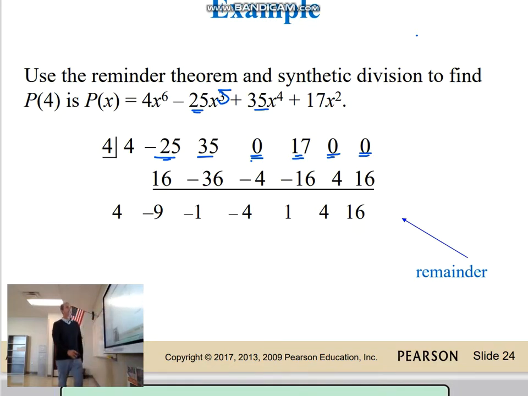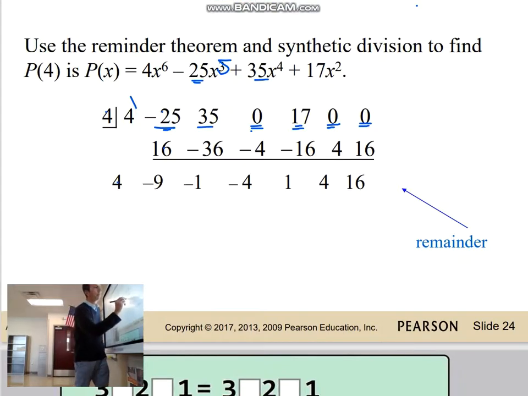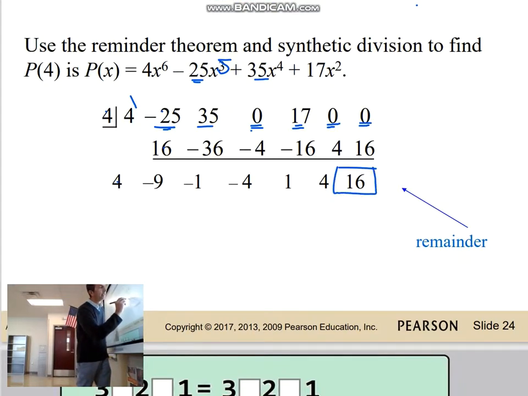Yeah, this is the synthetic division. You can apply it, remember the previous example. Drop 4, multiply 4 by 4, 16, then add, and then repeat this process again and again. You will find the result. The remainder is 16. 16 is going to be the remainder if you apply synthetic division.